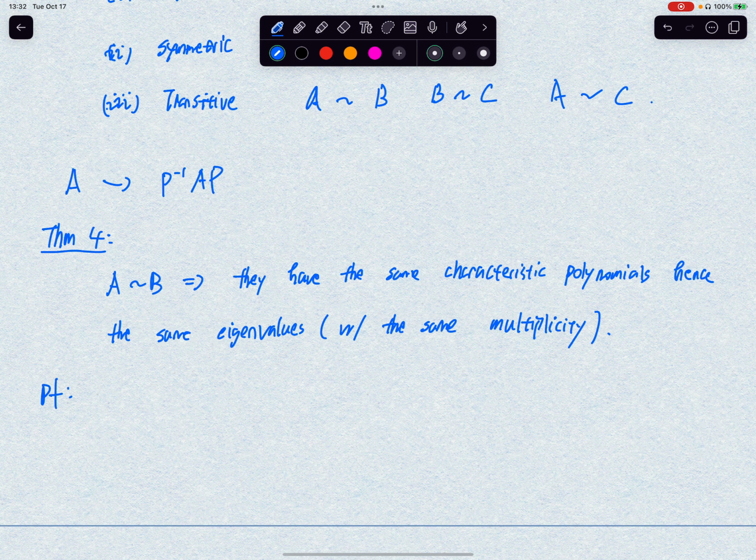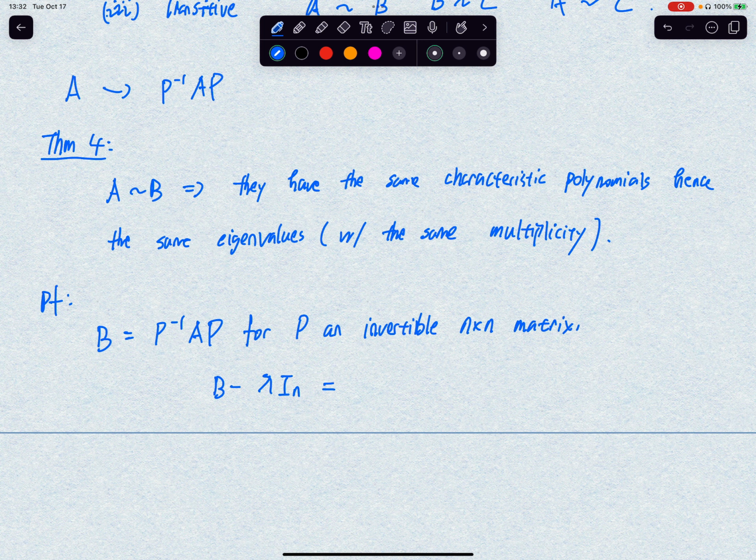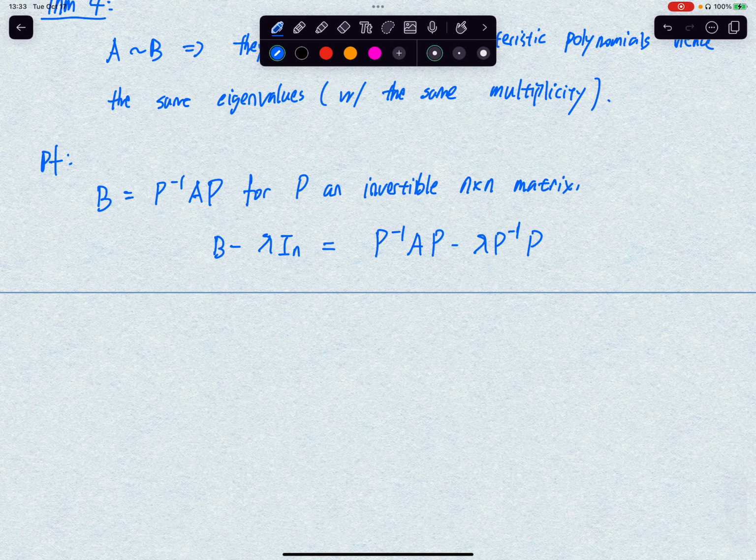Okay, so let us prove it. If B equals P inverse AP, for P an invertible n by n matrix, then we have B minus lambda I_n equals P inverse AP minus lambda P inverse P. Since P inverse times P is an n by n identity matrix, it is equivalent to this.